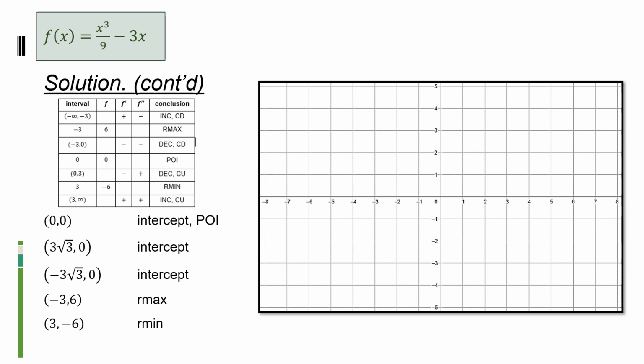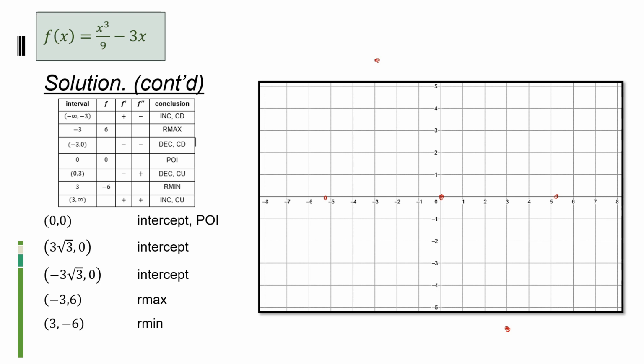So, unahin na natin yung ating mga points and intercepts. So, we have 0, 0. 3 square root of 3 is around 5.19. So, dito siya. Then, we have the relative max to be negative 3, 6, somewhere here. Kulang yung ating graph. At yung ating relative minimum na 3, negative 6.